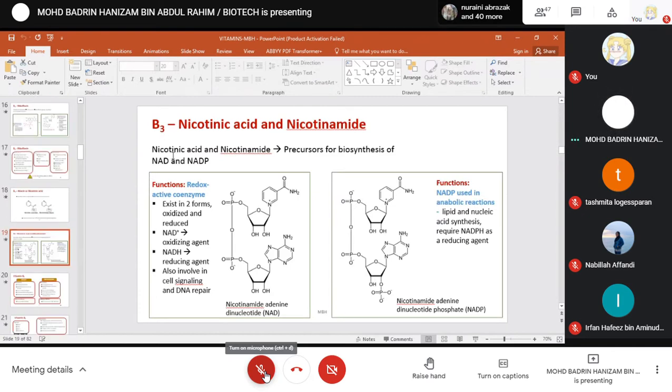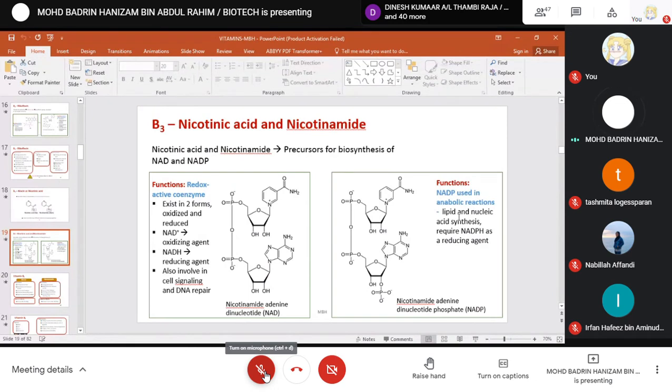So nicotinic acid and nicotinamide are precursors for biosynthesis of NAD as well as NADP. On the left here you have NAD, and on the right you have NADP: nicotinamide adenine dinucleotide and nicotinamide adenine dinucleotide phosphate. These compounds are coenzymes for many dehydrogenases. These two coenzymes participate in many hydrogen transfer processes.